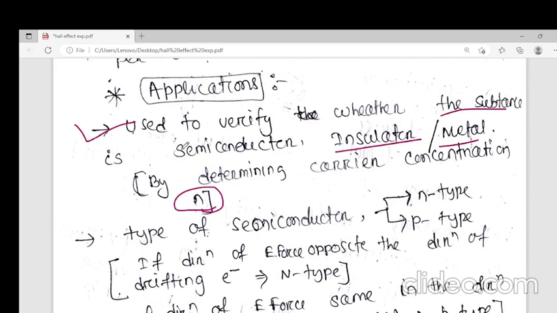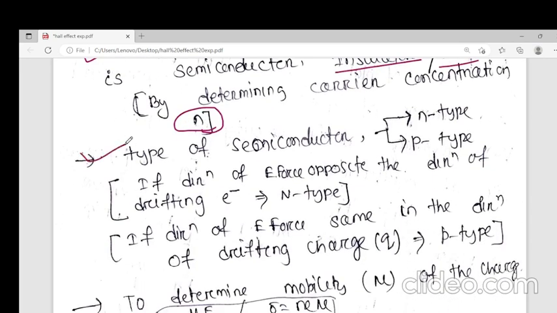Okay, this is one application. The next application: as you know, semiconductors are of two types, N type or P type, so we can also find the type of semiconductor. How? It is N type if RH is negative, that is, if the direction of electric force is opposite to the direction of drifting electrons. Okay, so you can say it is N type.